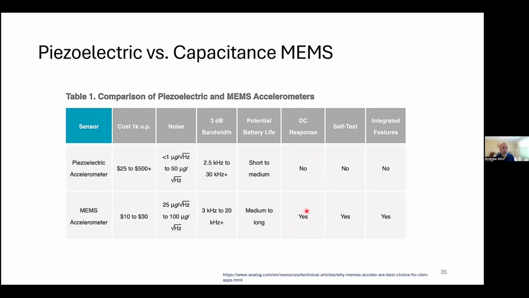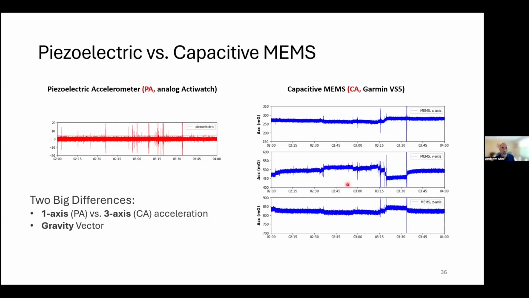So in other words, you can assess gravity in a MEMS accelerometer, but not in the piezoelectric accelerometer. The other difference is that because the capacitive sensors are smaller, you're able to put 3 different axes into the same device. So capacitive MEMS have 3 axes, whereas the piezoelectric has only 1.